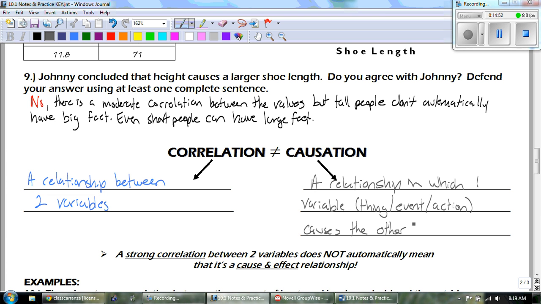So just know that correlation does not equal causation. Now, a strong correlation between two variables does not automatically mean that it's a cause and effect relationship. You really need to think about it.